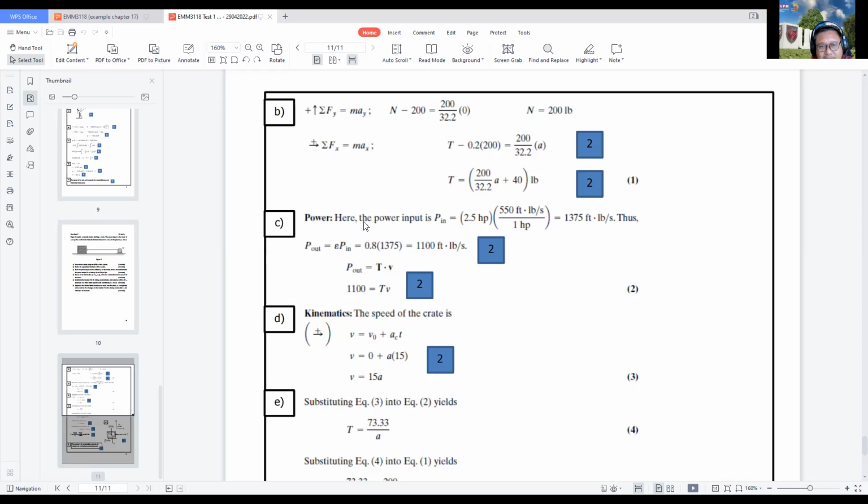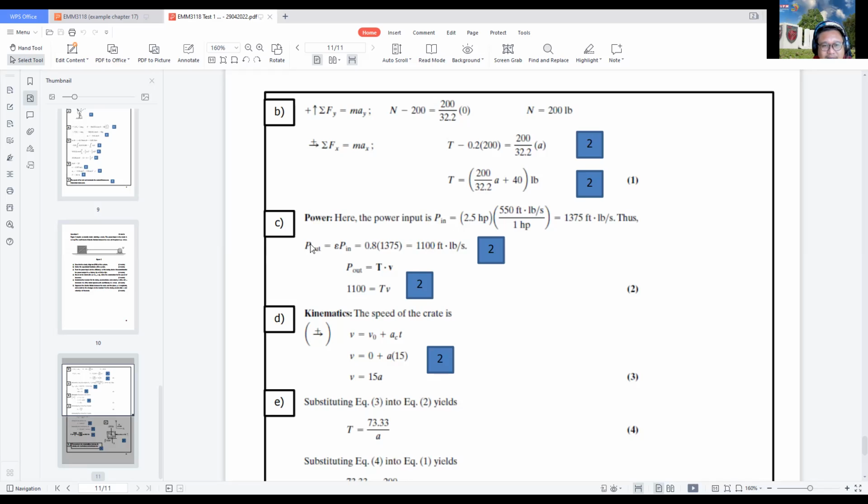So here you know that the power input is given as 2.5 horsepower. You need to convert this into foot-pound per second. Okay, this process must be done, otherwise you are not doing it correctly, because you need to convert this unit first by multiplying by 550.